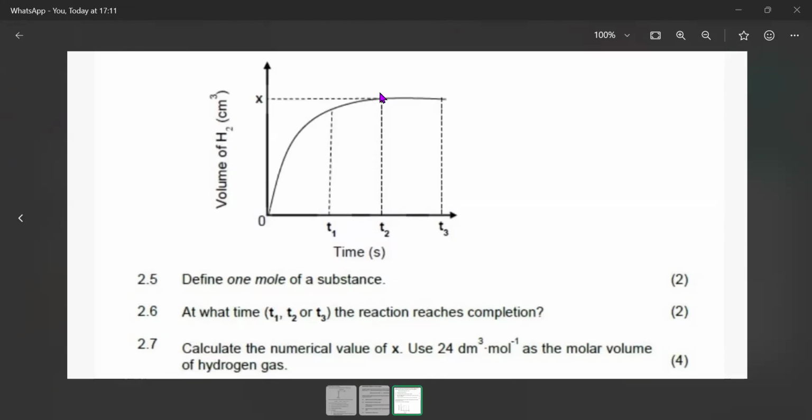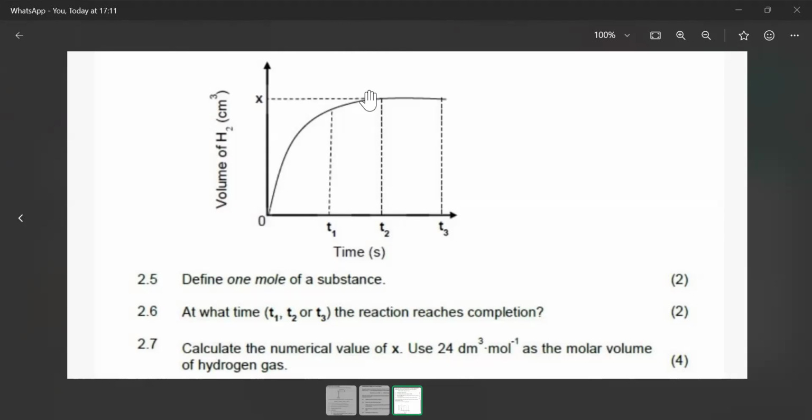Then the last question says, calculate the numerical value of X. In other words, the maximum amount of hydrogen gas being produced. And they say use 24 cubic decimeters per mole as the molar volume of hydrogen gas.